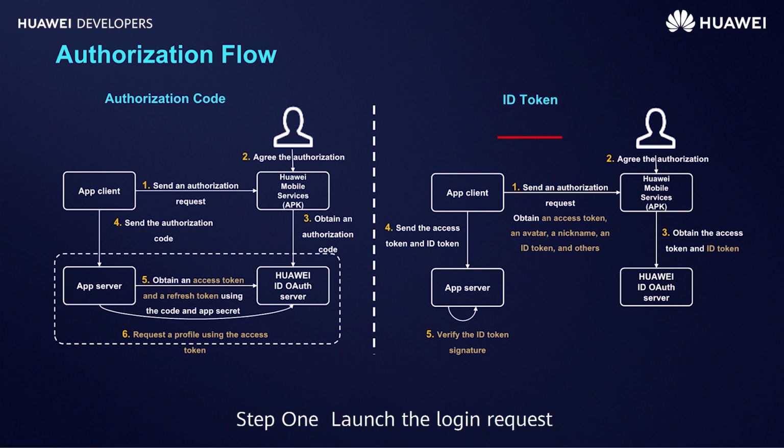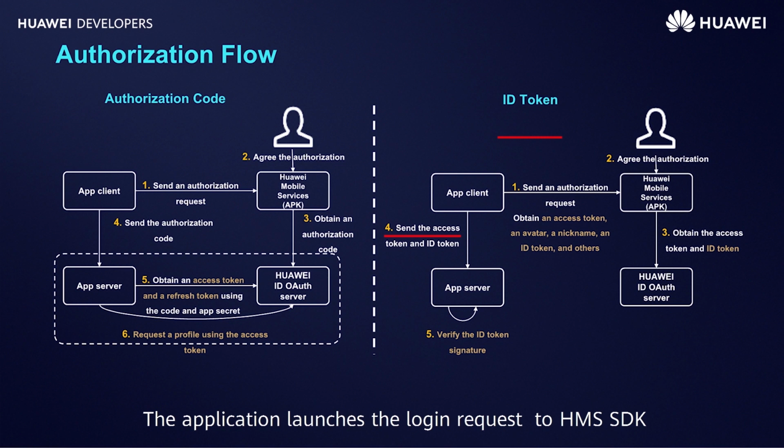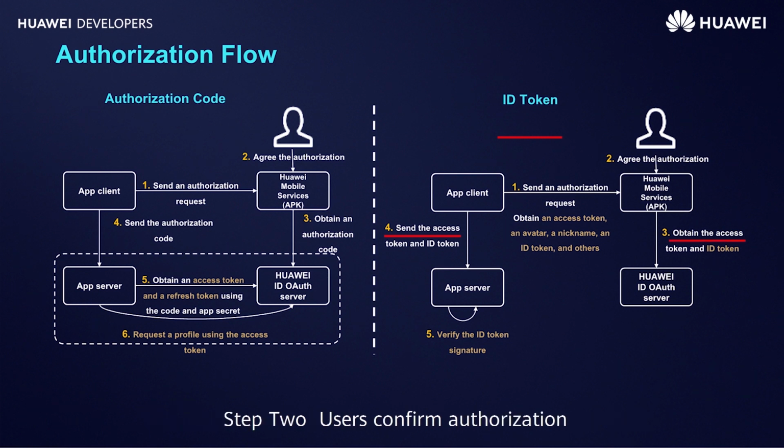Step 1. Launch the login request. Users select the login mode of Huawei account to log in at the app client. The application launches the login request to HMS SDK. Step 2. Users confirm authorization. Huawei account pulls up the interface of users login authorization. The interface will display the contents of authorization to be notified to users according to the authorized domain information, namely scope carried in the login request.